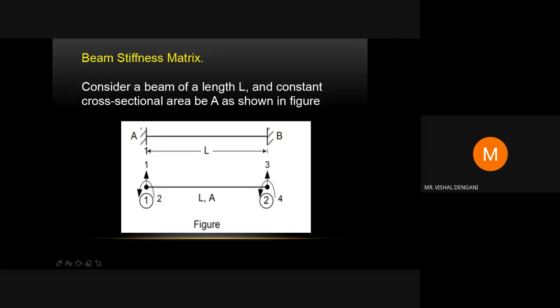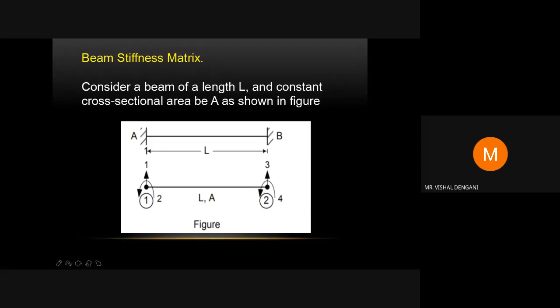So at each node of this support we have released the fixed support, both the fixed supports we have released. So each node of this beam will have two possible displacements, that is delta Y and theta Z.